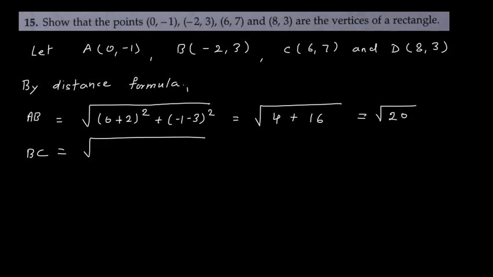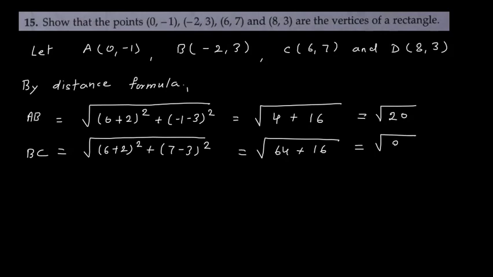BC, if we calculate, BC is (6 plus 2) the whole square. You are using (x2 minus x1) the whole square plus (y2 minus y1) the whole square. 6 plus 2 is 8, 8 square is 64, plus 7 minus 3 is 4, 4 square is 16. So this is root of 80.